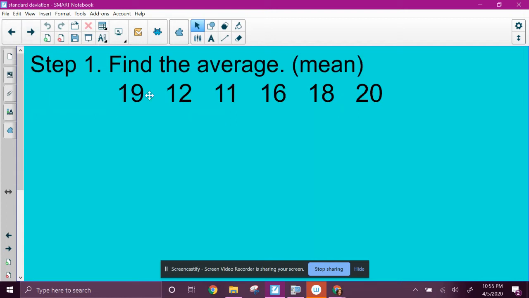Okay, so the first step in finding the standard deviation is to find the mean. That means you add up all the numbers and you divide by however many numbers there are in the set. So we're going to add all these up and then divide by 6 because there are 6 numbers.